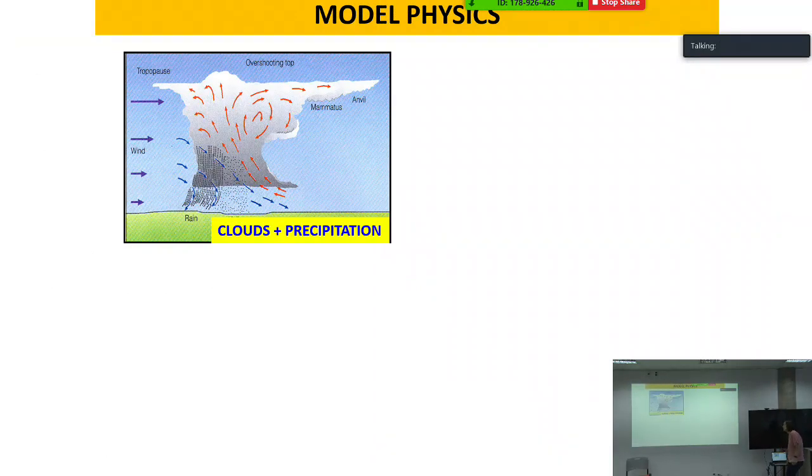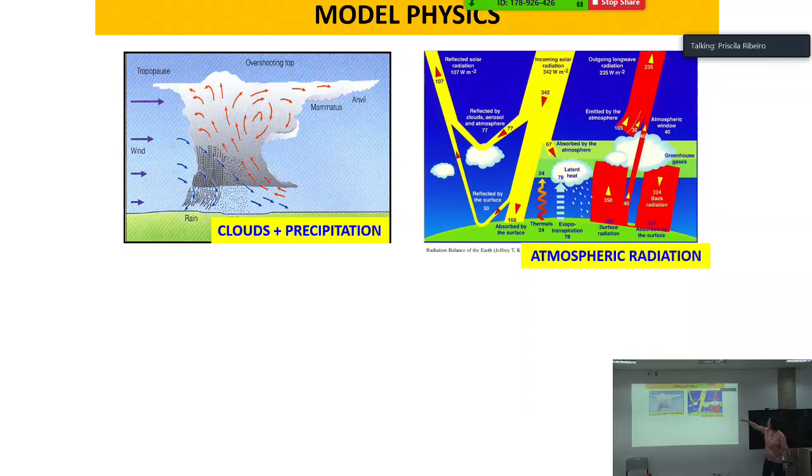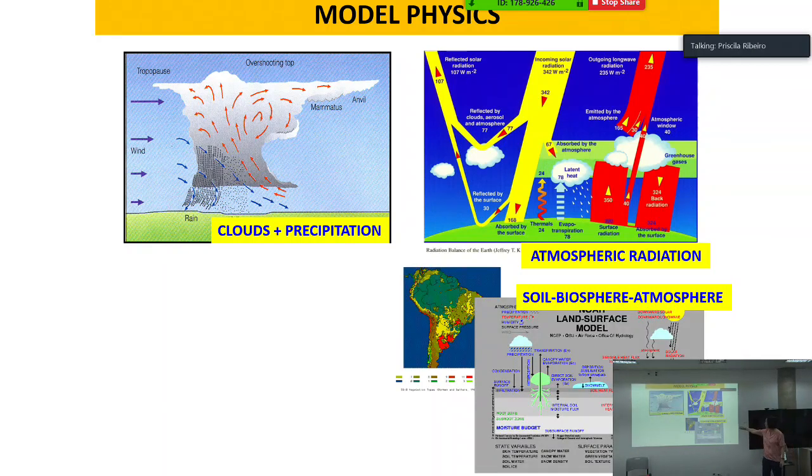Like this is cloud, so the cloud precipitates rain. The presence of clouds changes the radiative budget. We can have more absorption, we can have some reflection, so it changes the radiative budget. Radiation reaches the surface and affects the vegetation, the evaporation of water, and the energy, because the vegetation can absorb that energy from the sun, and then it also evaporates.